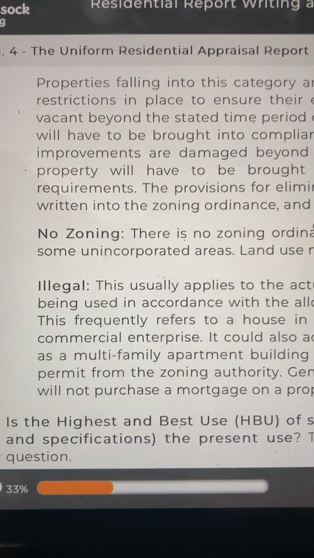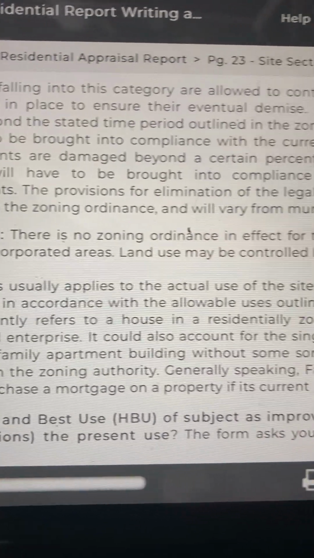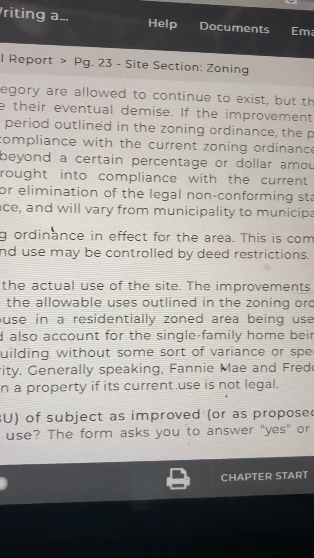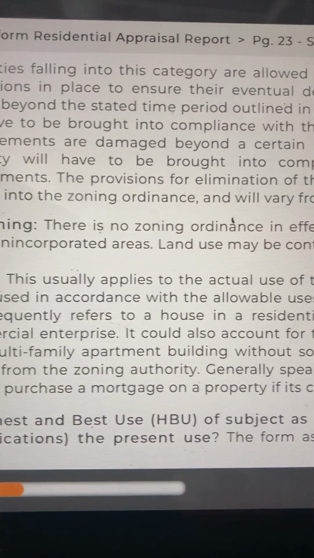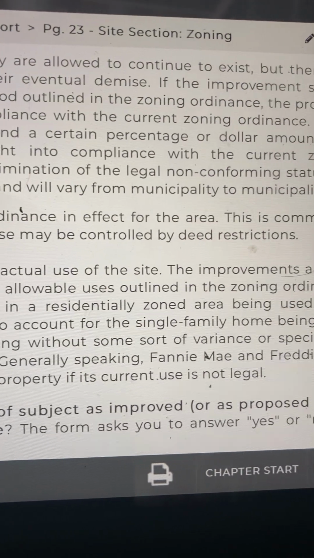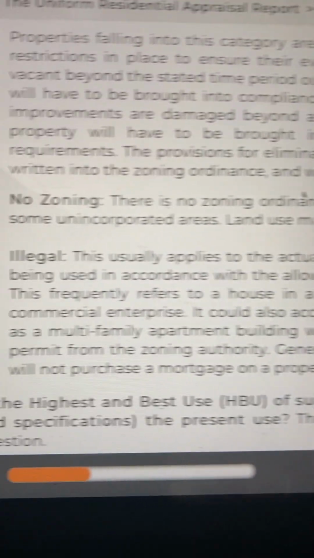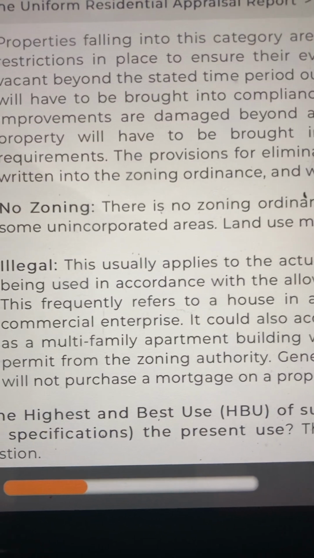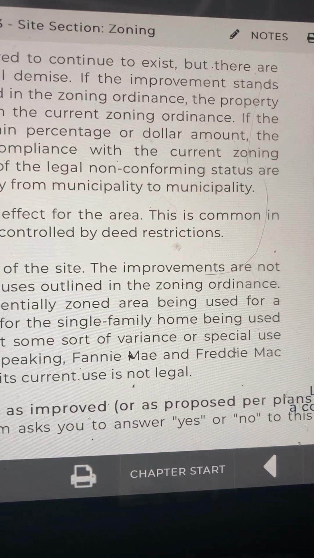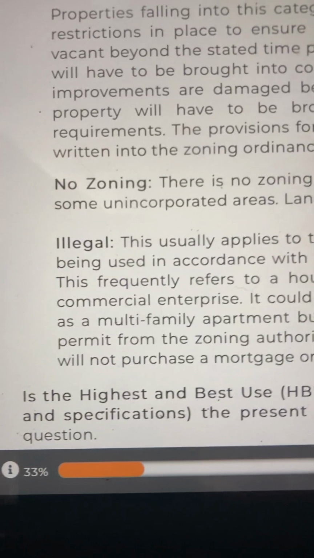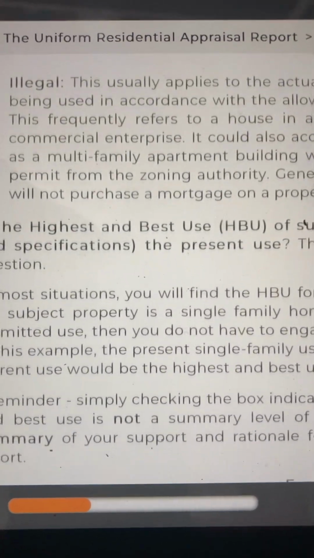Illegal. This usually applies to the actual use of the site. The improvements are not being used in accordance with the allowable uses outlined in the zoning ordinance. This frequently refers to a house in a residentially zoned area being used for a commercial enterprise.